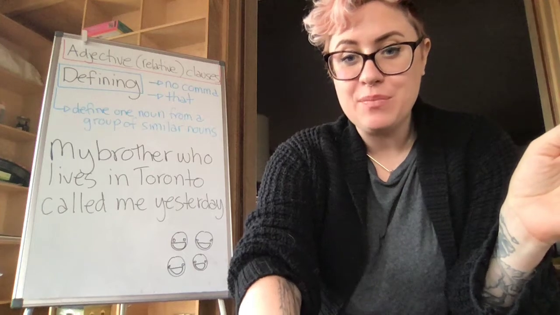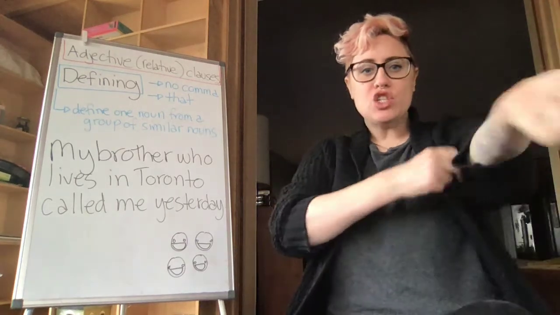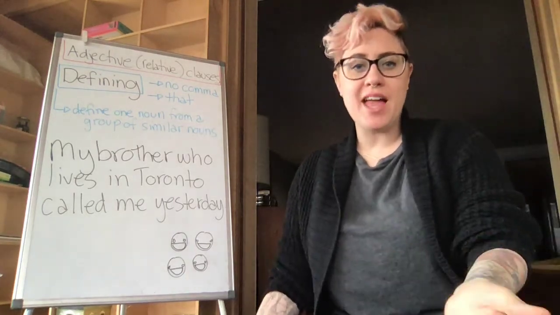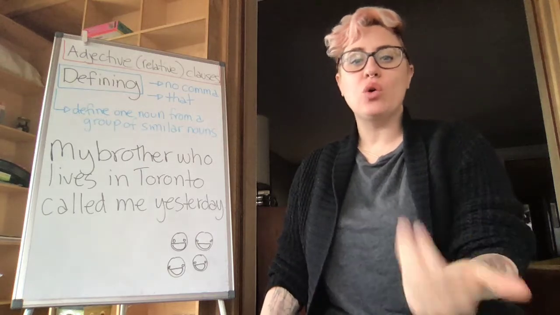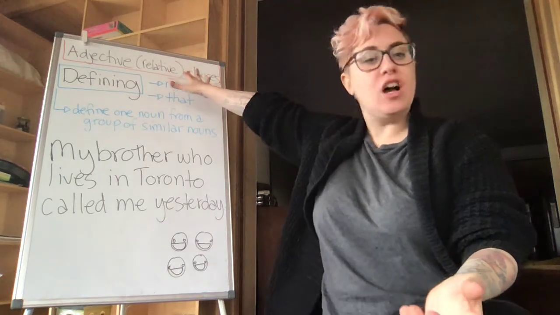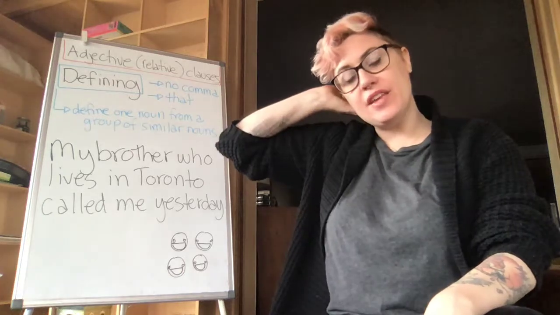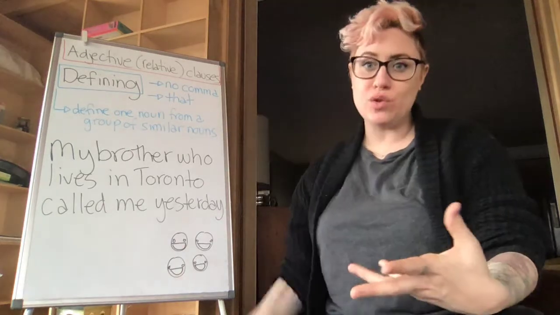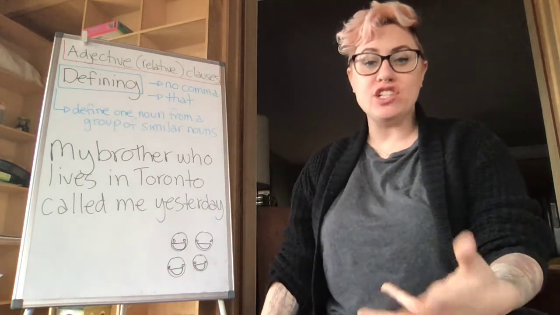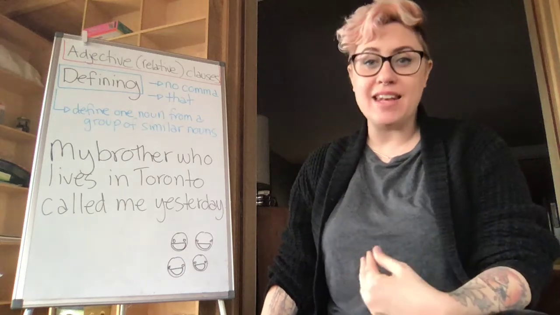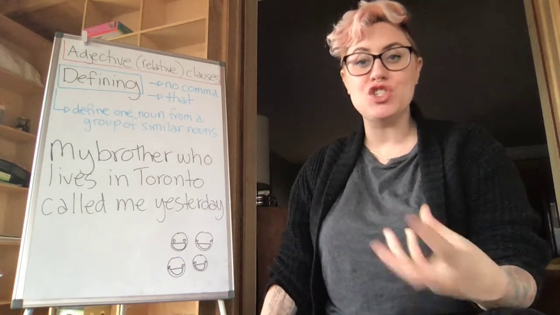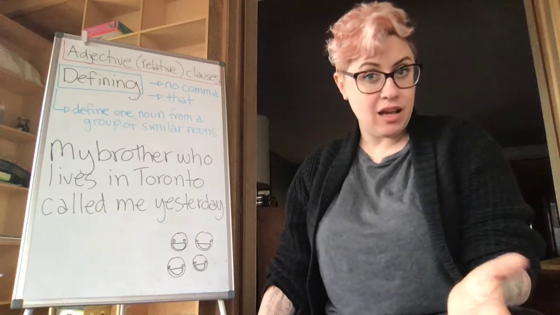Okay, I'm back. So there are two types of adjective or relative clauses. First, let's talk about this title. This form of sentence has two names. Some people call them adjective clauses, and I like that name better because I think it better describes what is happening.